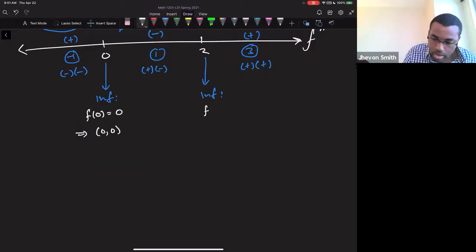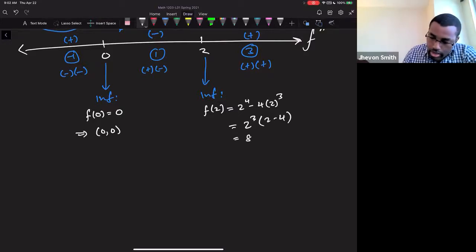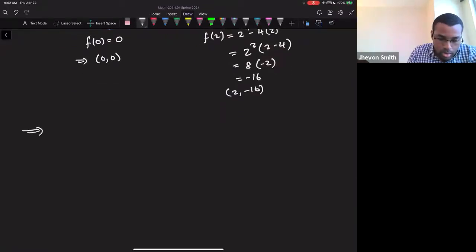Then we want to find f of 2, which is 2 to the 4th minus 4 times 2 cubed. I forgot, it's x to the 4th minus 4x cubed. In which case, 2 cubed is a common term. I can factor that out. I end up with 2 minus 4 here. So that's 8 times minus 2, which is minus 16. So this is 2 comma minus 16.